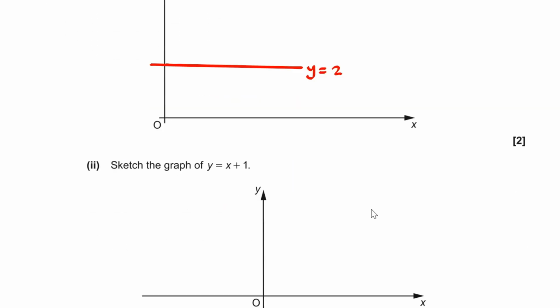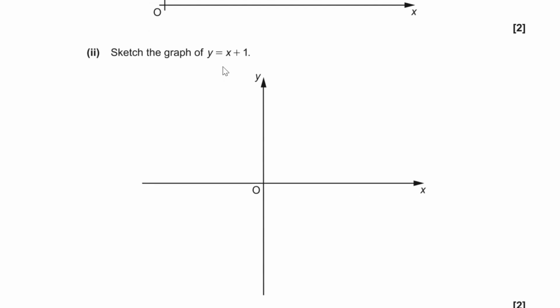Next, we have to sketch the graph of y equals x plus 1. Well, it's got a gradient of 1 and it crosses the y-axis at 1. You can see when x is 0, y is 1, so therefore the y-intercept is 1. And when y is 0, we'd have 0 equals x plus 1, so x equals negative 1.